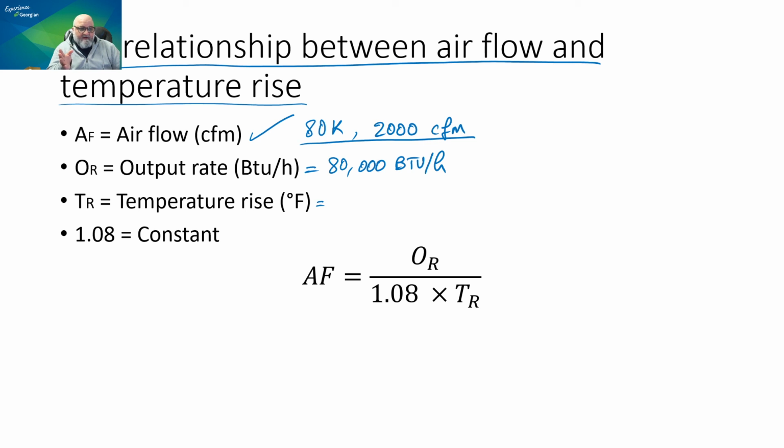It will say 45 degrees Fahrenheit or 75 degrees Fahrenheit, and it is simply saying that the temperature of the air leaving minus the temperature of the air coming in is the temperature rise. So how many degrees Fahrenheit you are increasing the temperature of the air as it passes through the furnace versus how much you should actually do it.